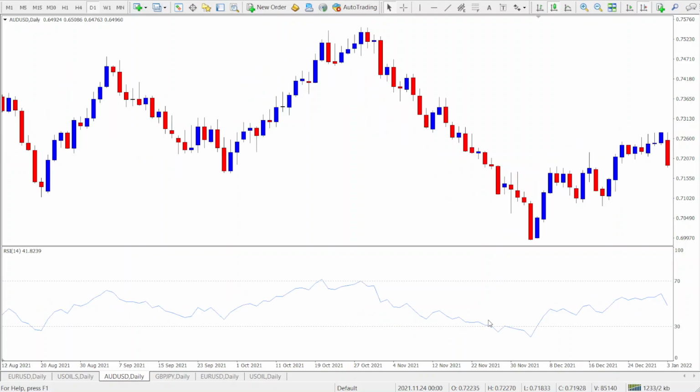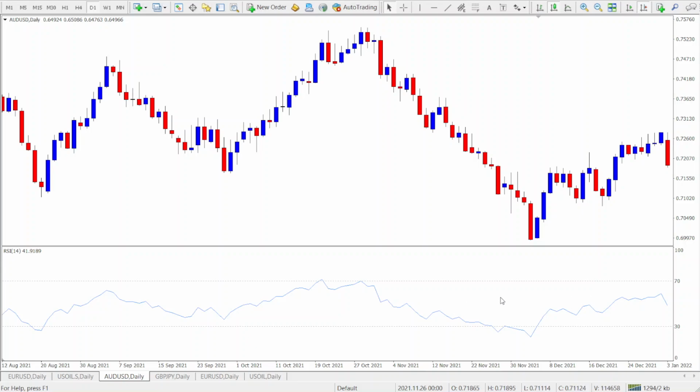Here's the kicker. Using a single RSI can sometimes give you mixed signals. So that's where the triple RSI strategy comes in. It uses 3 different RSI periods to refine your analysis and make more confident trading decisions.